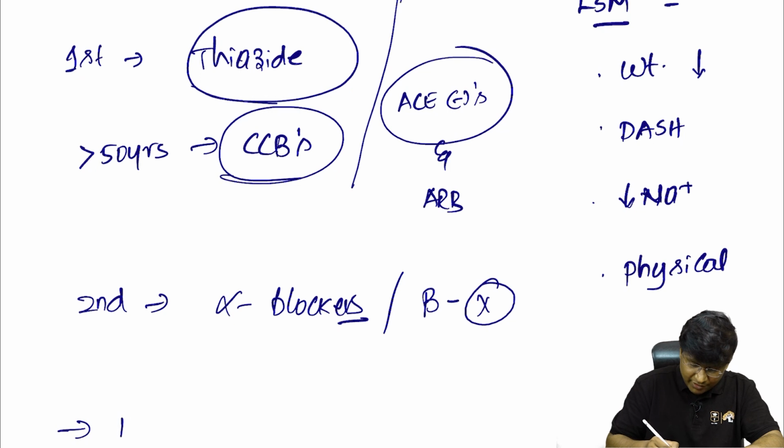And we have one more important form of hypertension, which is called resistant hypertension.